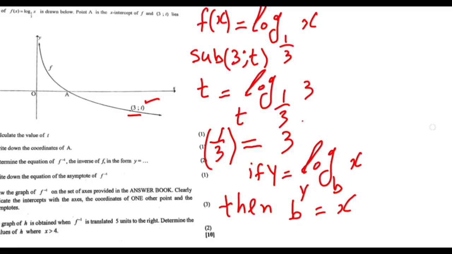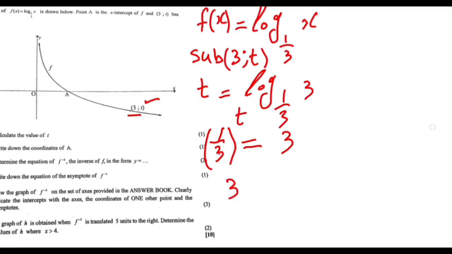So 1 over 3 to the power t is equal to 3, and this is power 1.